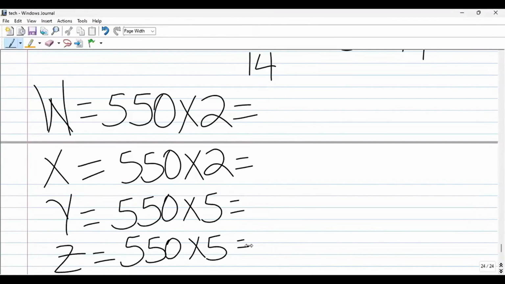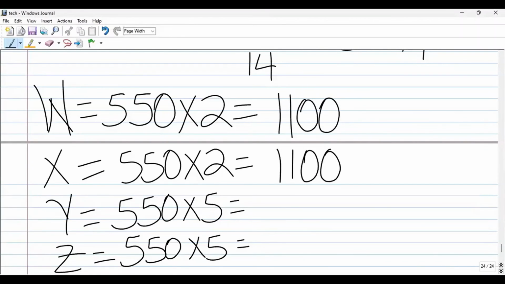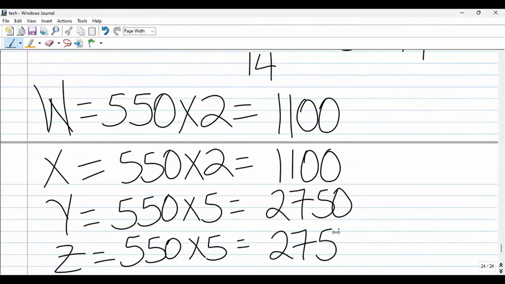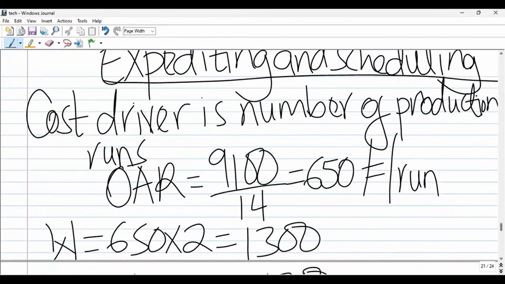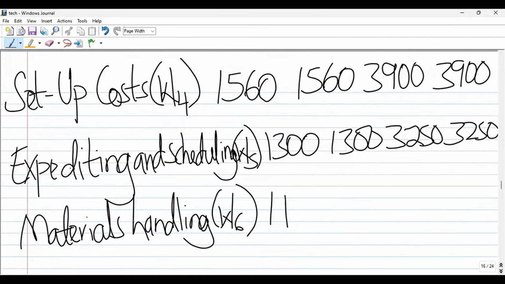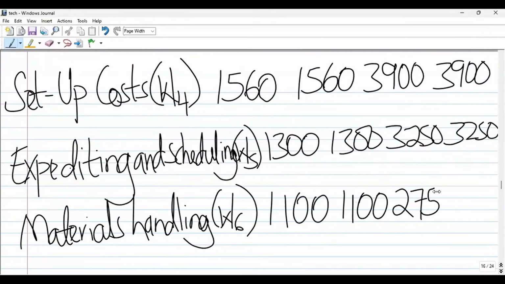First one is 1,100. Same applies to the second one, 1,100. Then 2,750 for the third, and 2,750.